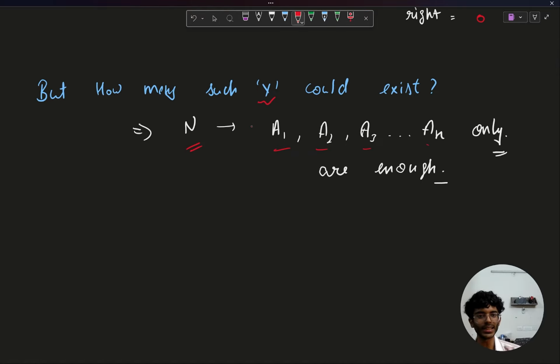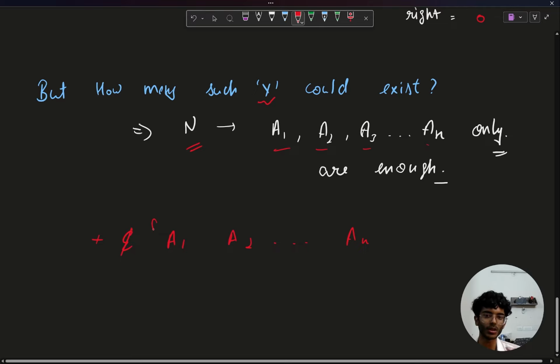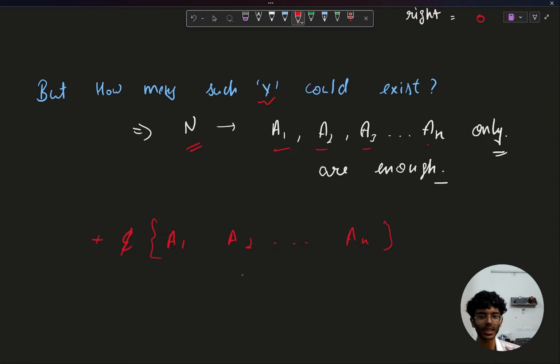Now, why are these values enough? Notice that if we are using any value which is not already a part of our array, that means we created that value, right? So if x does not belong to this set of numbers, that means this x was created by splitting the sum of the a of i into two adjacent ones.